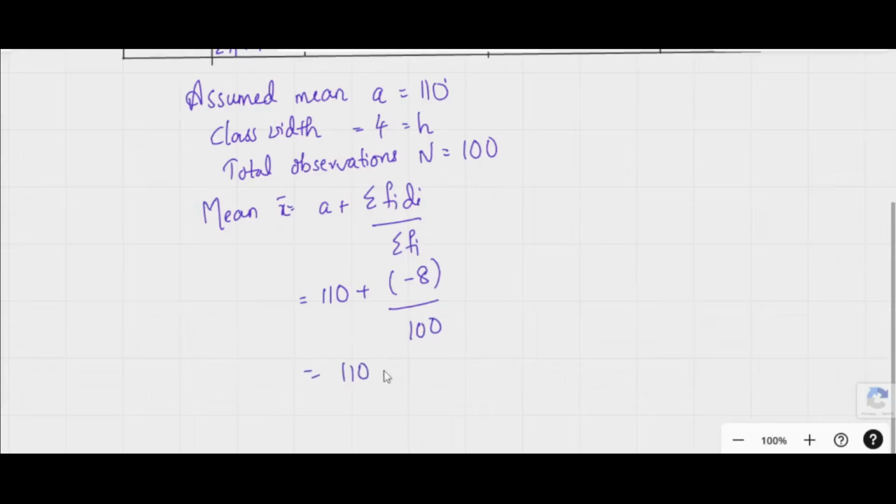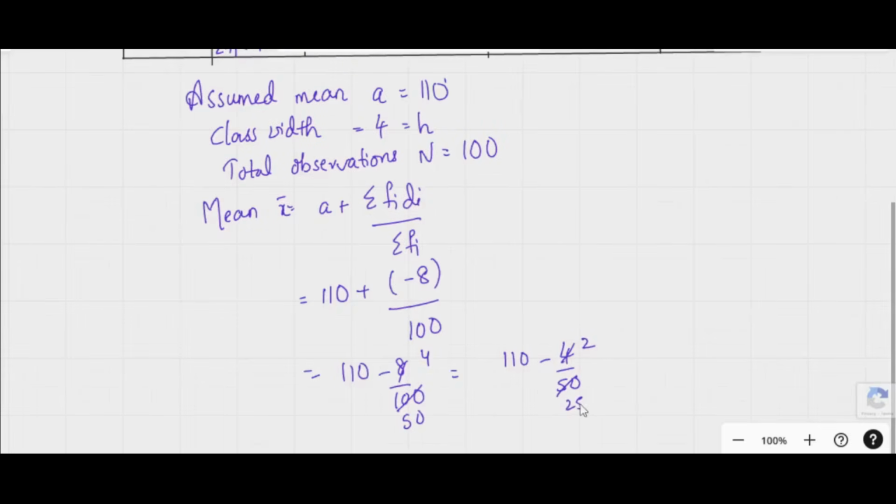So 110 minus 8 by 100. 2 4s are 8, 2 5s are 10. Don't do LCM, don't take that much time. Just cancel this term here and subtract that. So we get 110 minus 4 by 50. Again we can do it: 2 2s are 4, 2 5s are 10.